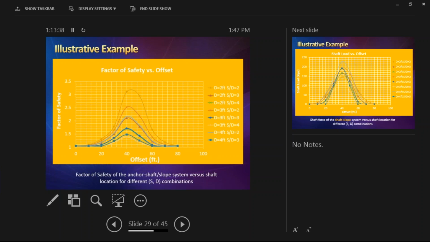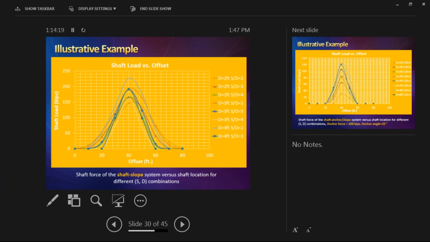If we choose 1.5 as the design factor of safety, we can see some of the combinations will not satisfy the requirement. Those curves below that 1.5 horizontal line will not be adequate. Those points that provide a factor of safety above 1.5 would be what we call the feasible designs. And then you can take those and see which one of those combinations will give you the smallest construction cost.